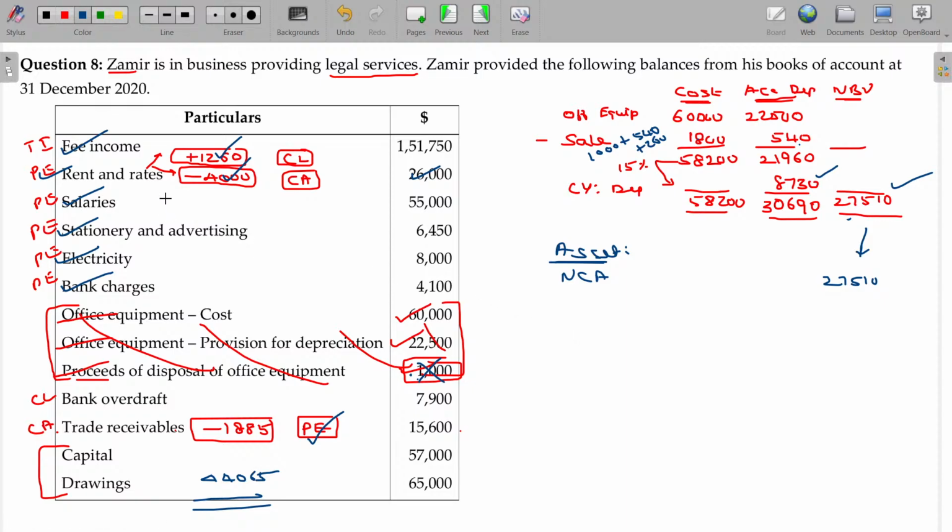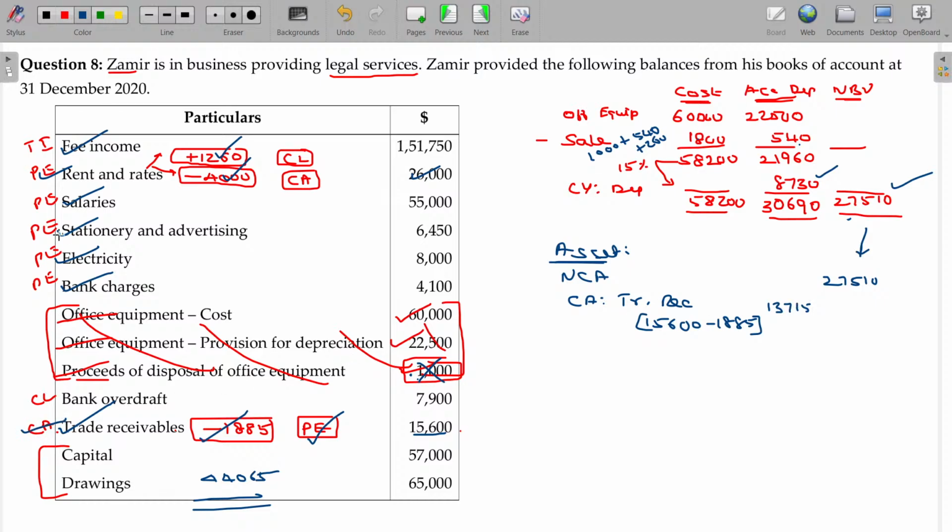We don't have any other non-current assets, only this one. Apart from that, we have the current assets. Current assets being trade receivables, 15,600. Irrecoverable debt 1,885 should be subtracted. After subtracting, the final value being 13,715.